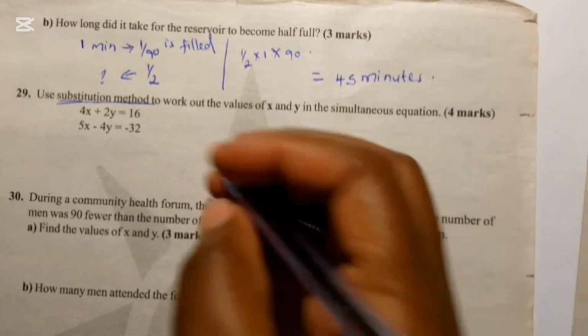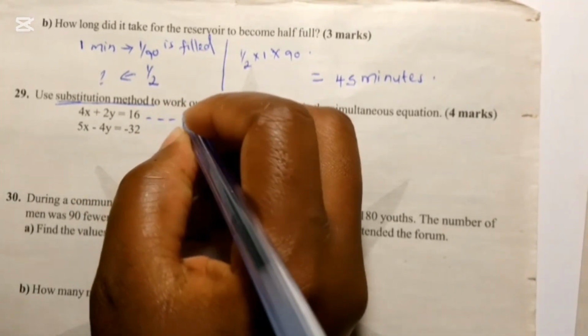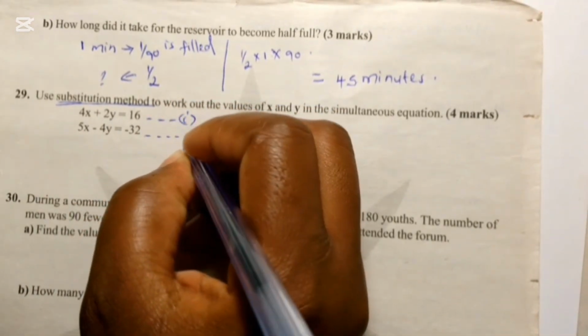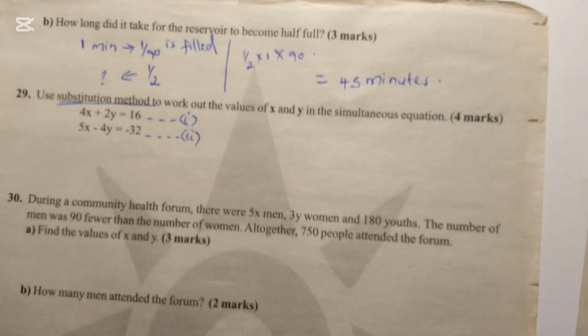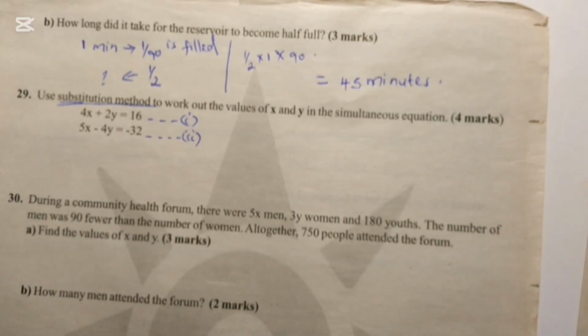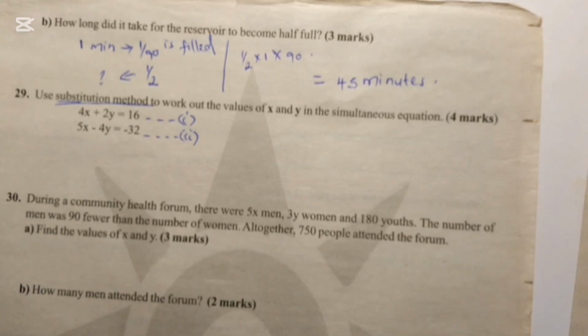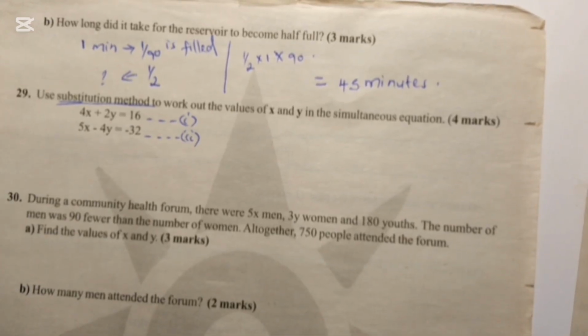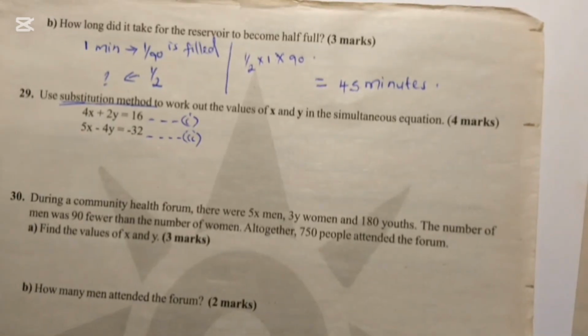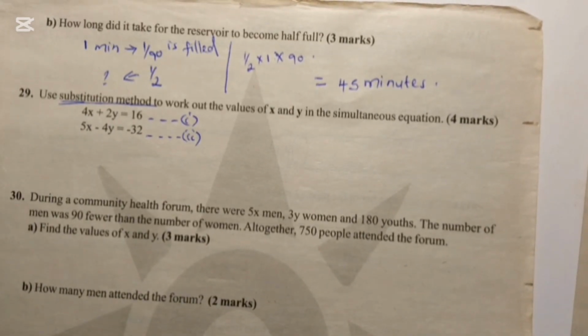When dealing with the substitution method, we label our equations. We can have equation 1 and equation 2, and then we take one of the equations, make one of the unknowns the subject, and then from there we can substitute that into the other equation.